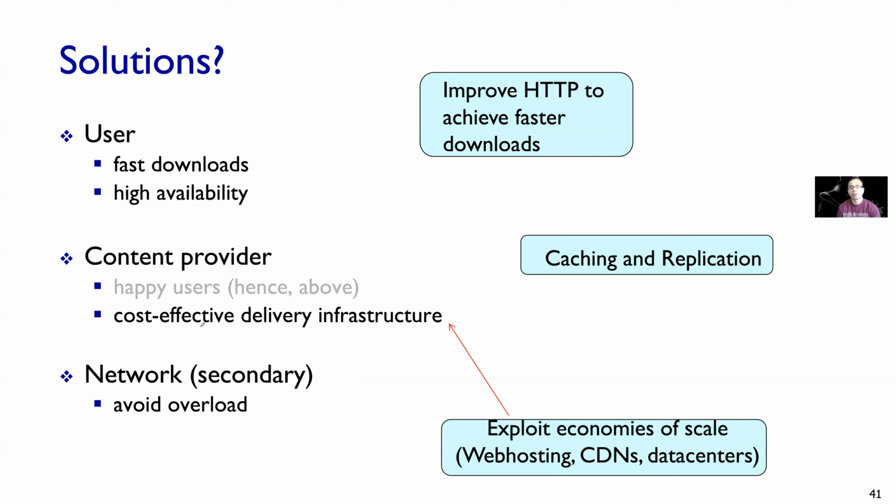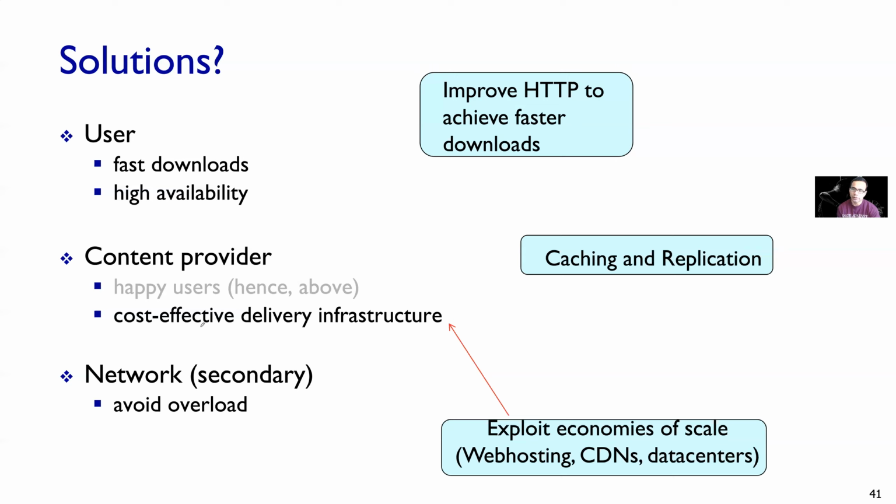If they really want to have a greater say in how their content is hosted and deployed, then they could leverage hosting services, content distribution networks, and data centers. So there are third-party services which a content provider can access. They can pay them money, and these companies will then try to get their content as close as possible to the users.